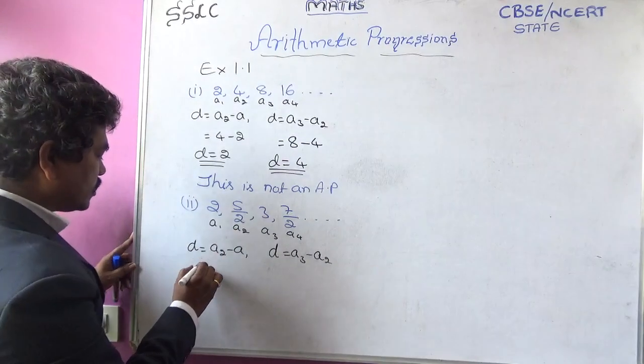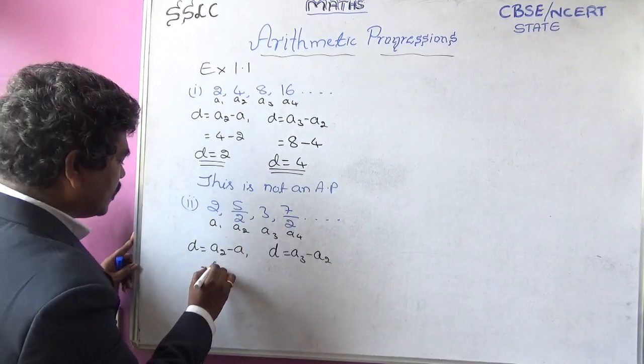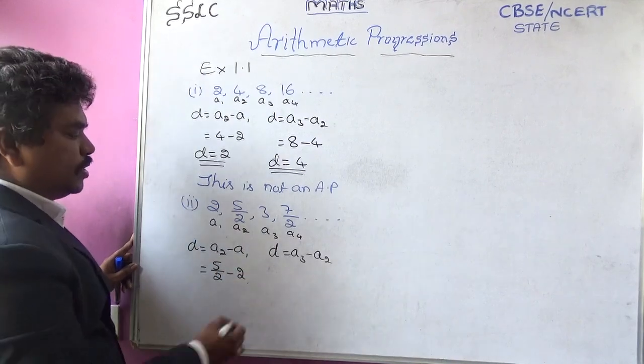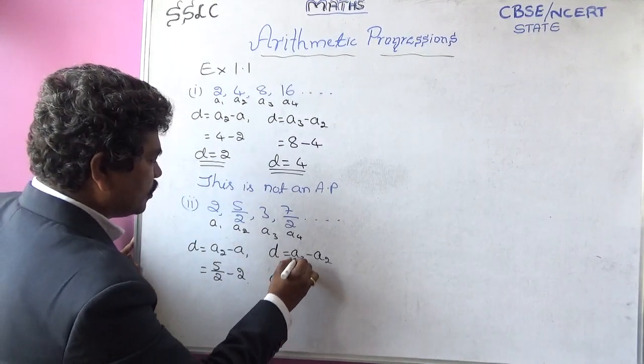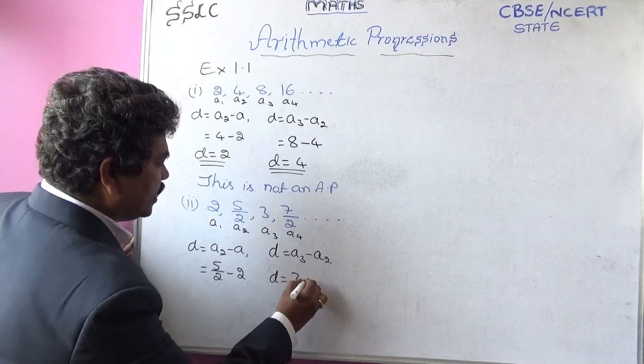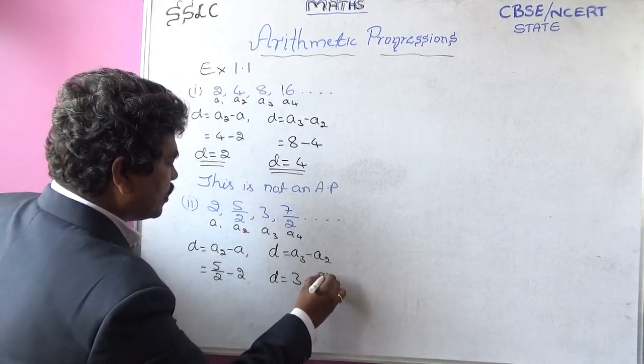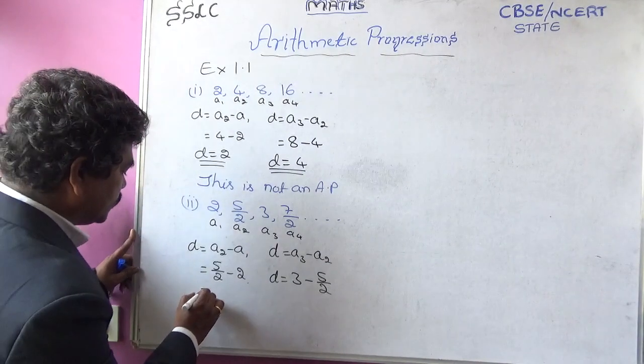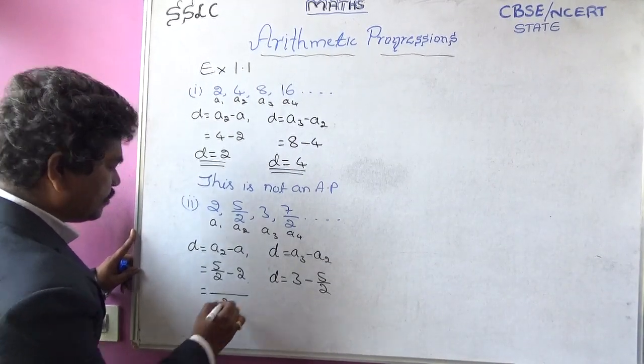Now we have to substitute the values. A2 is 5 by 2 minus A1, which is 2. And here also D is equal to A3, which is 3, minus A2, which is 5 by 2. Now I have to find the value of D here. Here 2 is the LCM.